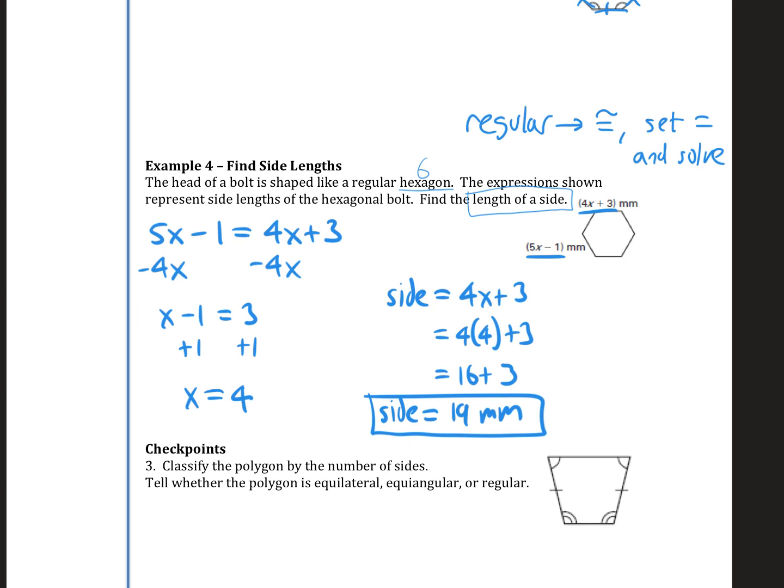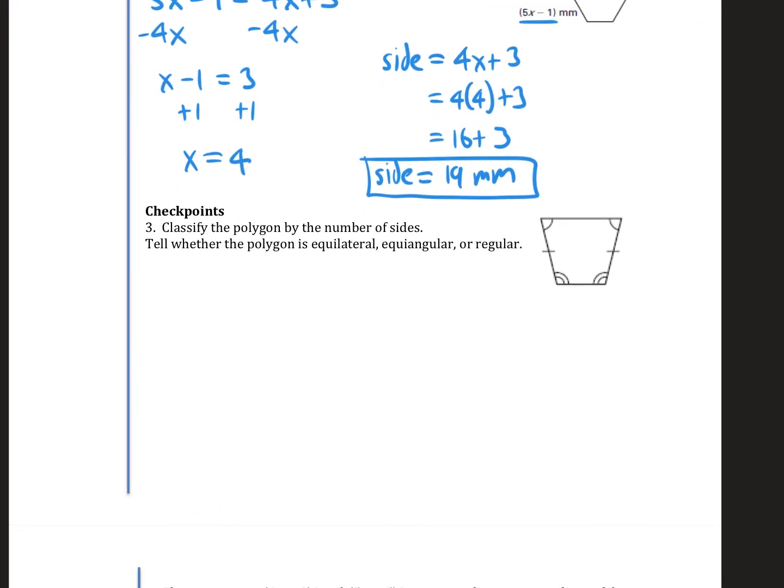All right, why don't you go ahead and try checkpoints 3 and 4. Give them a try, see how you do. Okay, classify the polygon by the number of sides. Well, I see 1, 2, 3, 4. A 4-sided polygon is a quadrilateral.